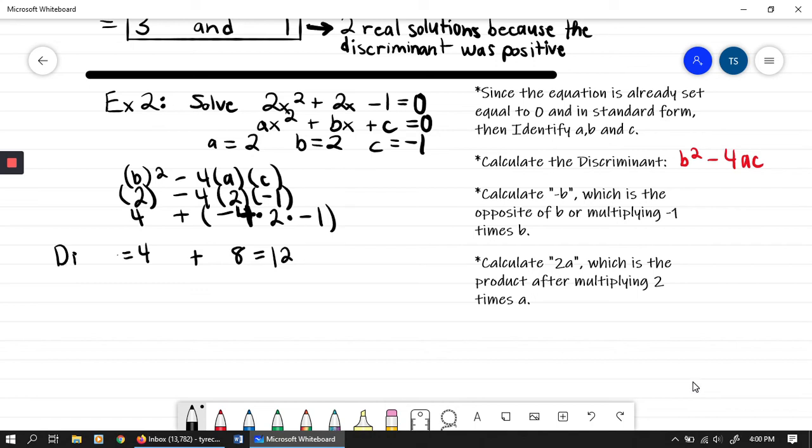I'm going to shorthand that. I'm going to write DISC for discriminant. Okay. Alright, so we've got our discriminant, and let's do the opposite of b here.